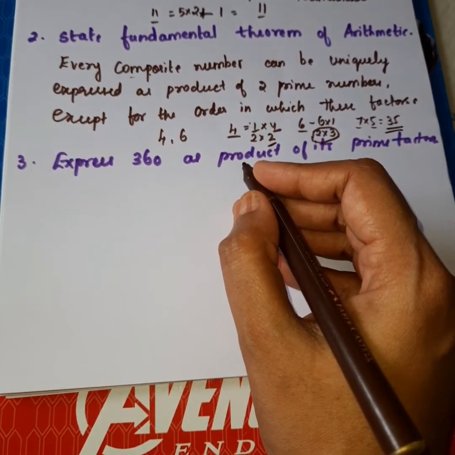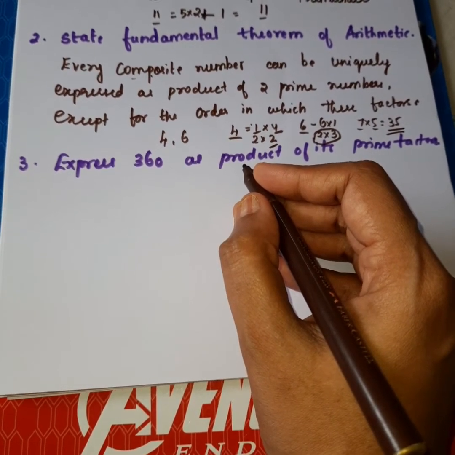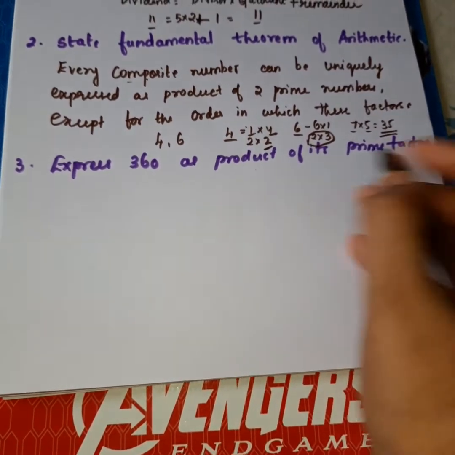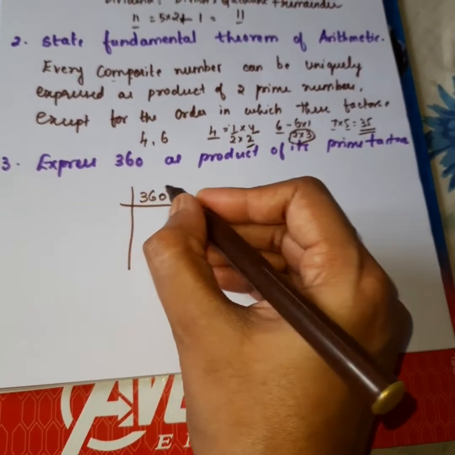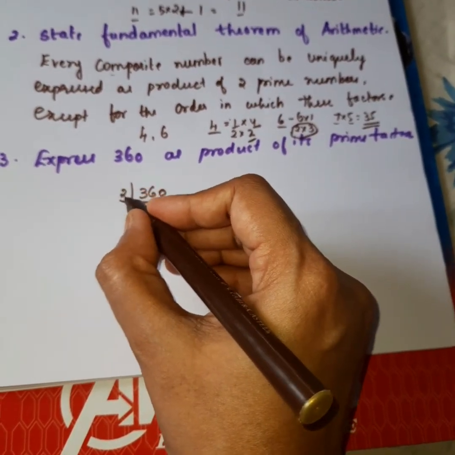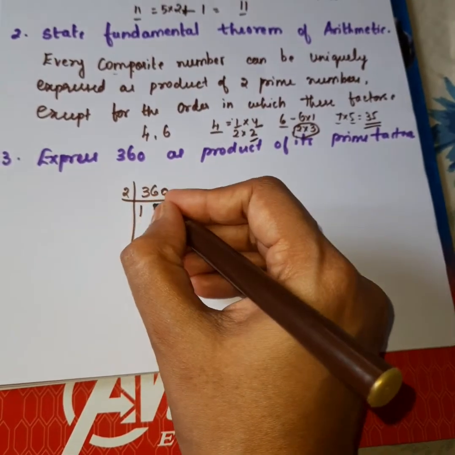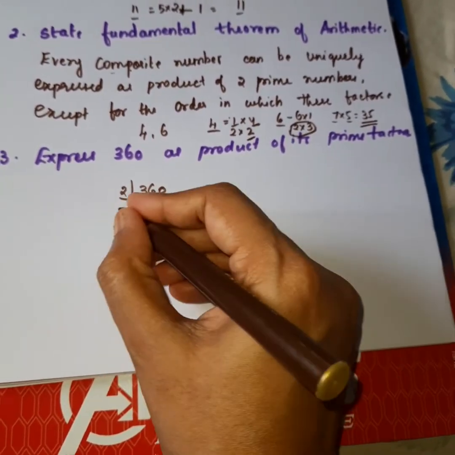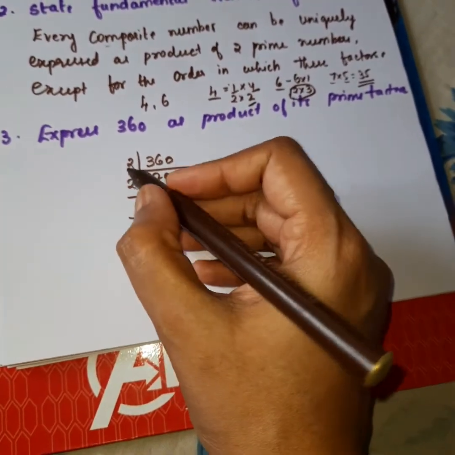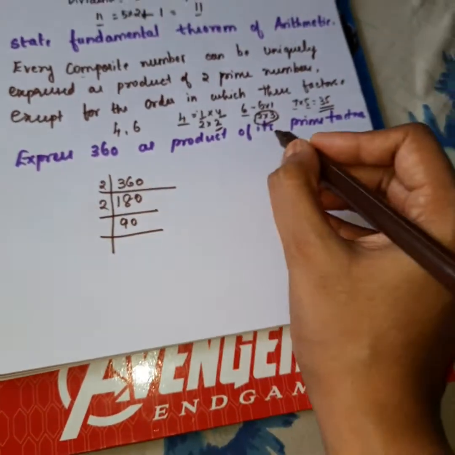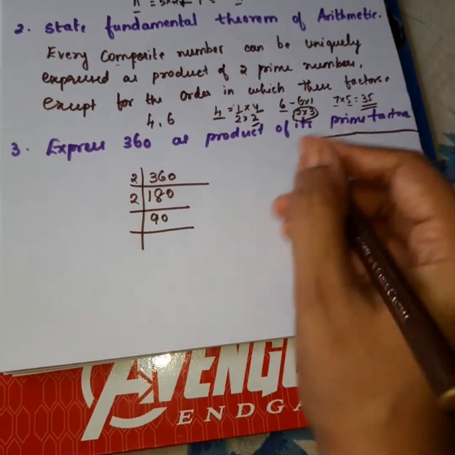Question 3, express 360 as a product of its prime factors. So we can do prime factorization with a table, with prime numbers only on the left. So it's 180, again 2 times 90. Then we can do it with only the prime numbers.